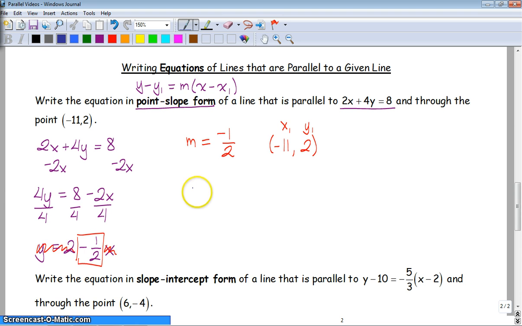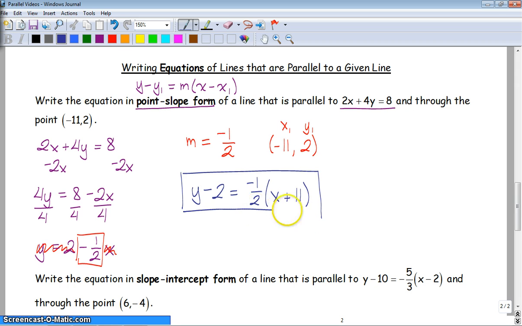And we get y minus y1, which is 2, equals the slope -1/2 times x minus -11, or in this case we can change it to x plus 11. At that point I have an equation in point-slope form. I'm done. This is the answer to the very first problem.